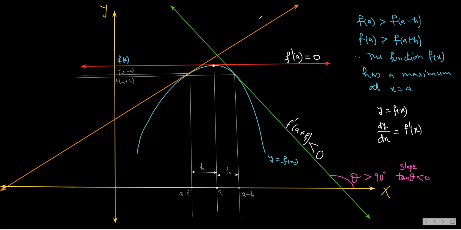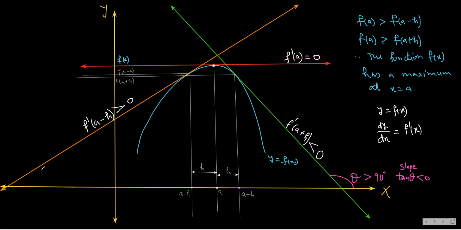The slope of this tangent would be given by f dash a minus h. The slope is given by f dash a minus h, because to get the slope you will substitute x equals a minus h here, and this slope is greater than 0.